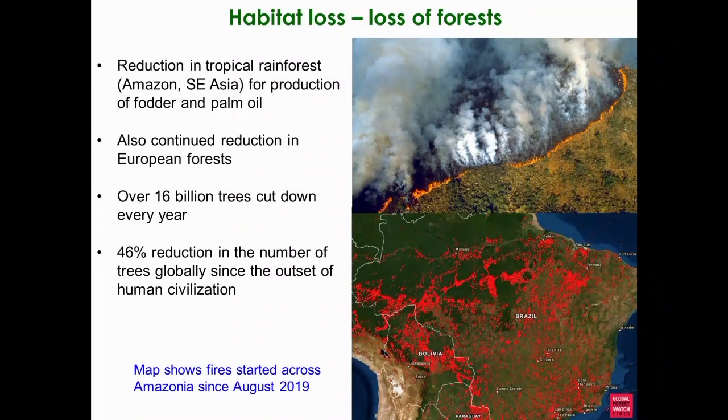And as most of you will know, this has been an issue in the news substantially this summer with regard to the widespread increase in the number of forest fires in the Amazon. And this is a map just showing the fires that have been shown to be started in the Amazon since this August. So substantial areas of land is being cleared, as shown here in this photo, to make way for more agricultural utilisation.